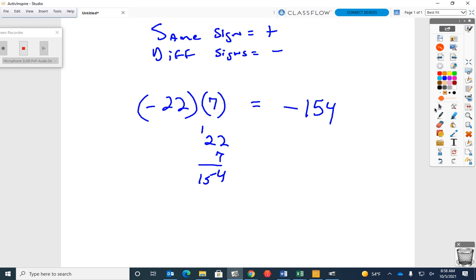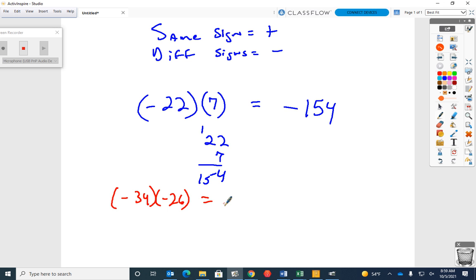Let's try another one. Okay, Abby, give me a negative number. Negative 34. Okay? Reed, give me another negative number. 26. Okay. So first thing, if I am multiplying these two numbers, what do you notice about them?